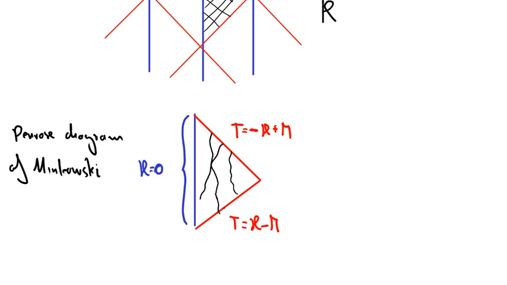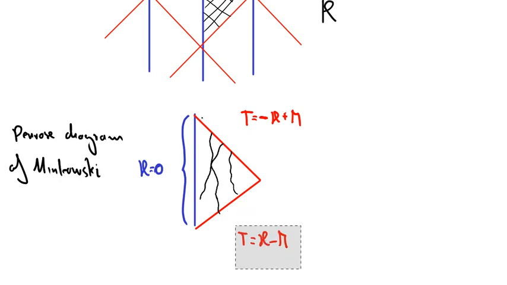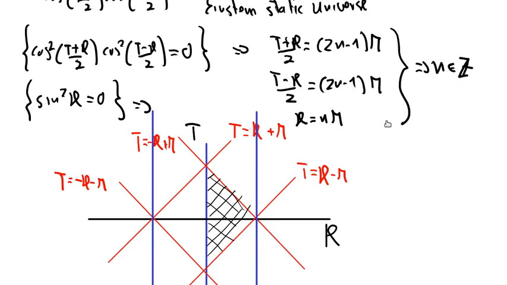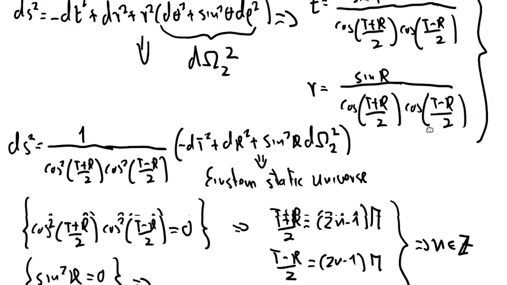This was discussed in the lecture about the conformal compactification of Minkowski, where we explained what this red boundary is.